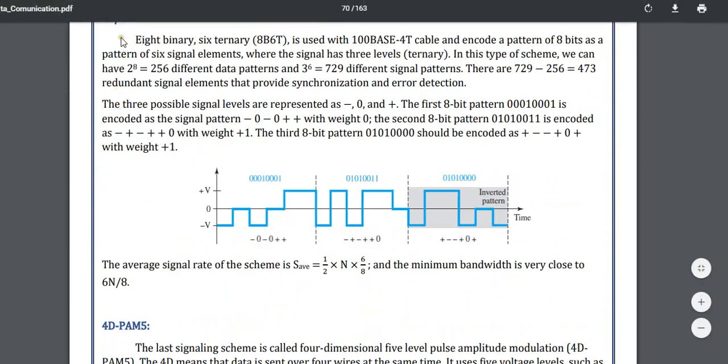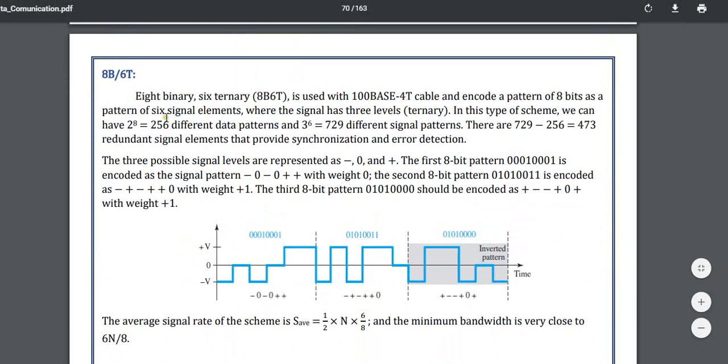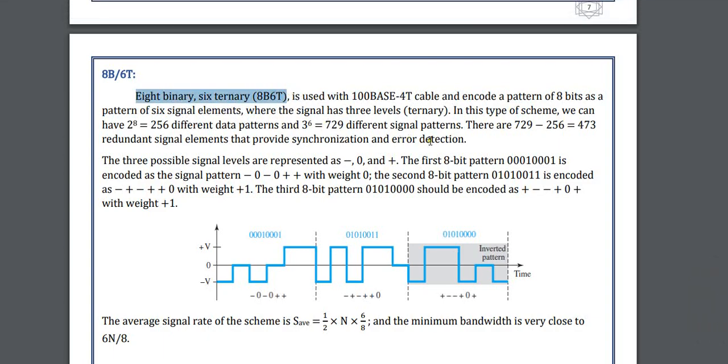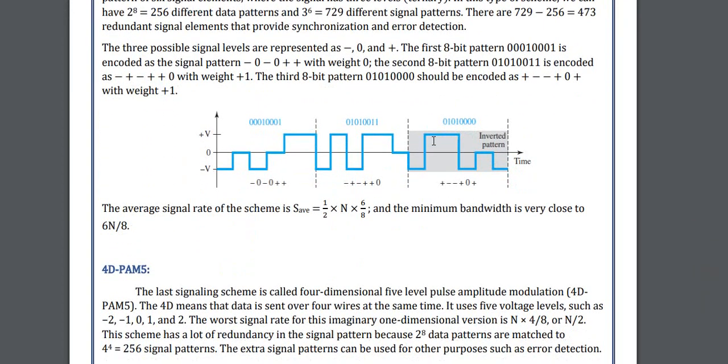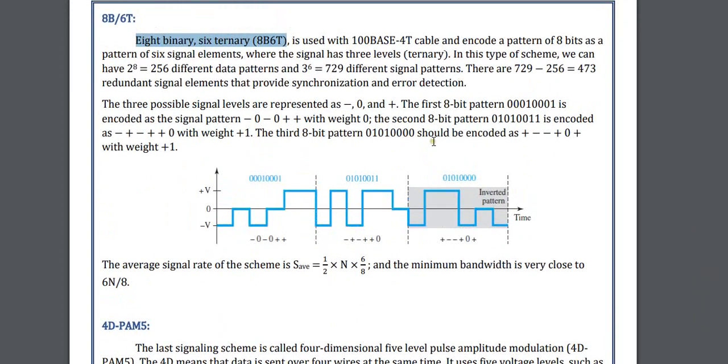Now 8B6T, that means 8 binary and 6 ternary. It stands for 8B6T. By this diagram we can easily see the configurations. There are 3 possible signal levels represented as minus, 0 and plus. That means one is positive, one is 0 and another one is negative.